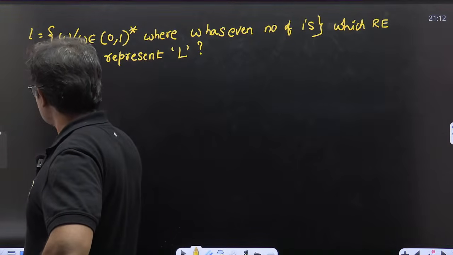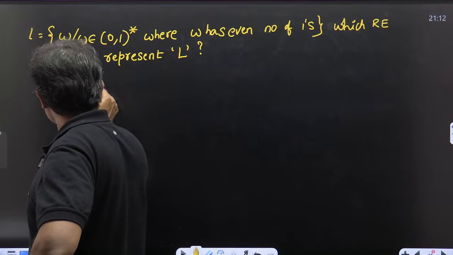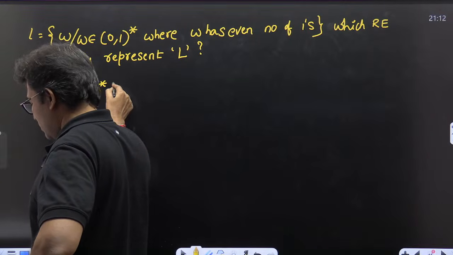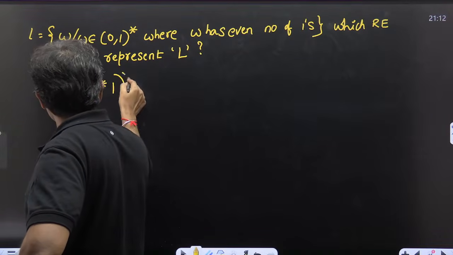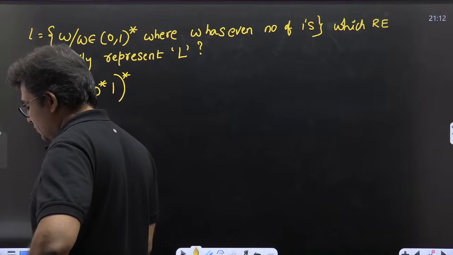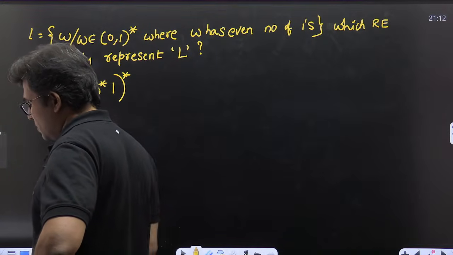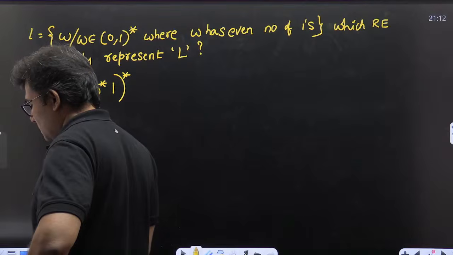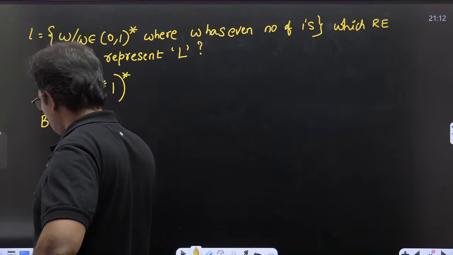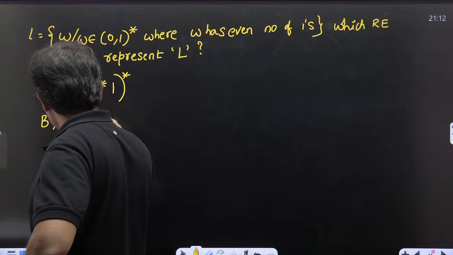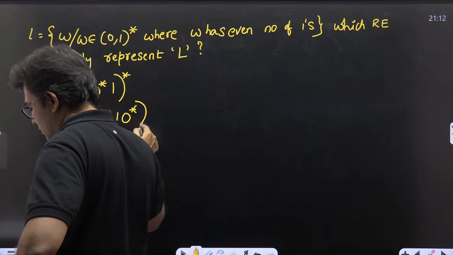A: 0 star 1 0 star 1 whole star. B: 0 star 1 0 star 1 0 star whole star.